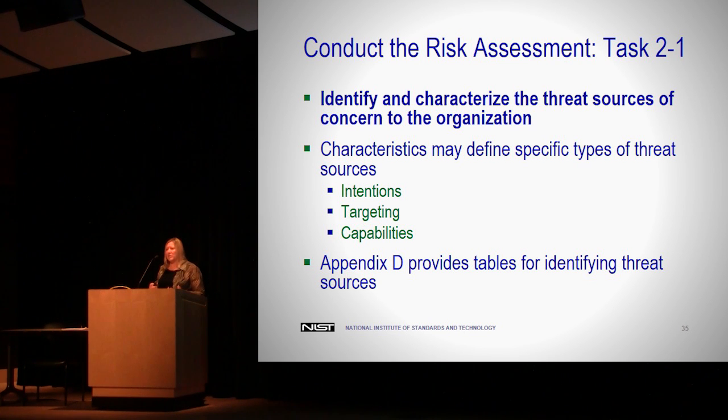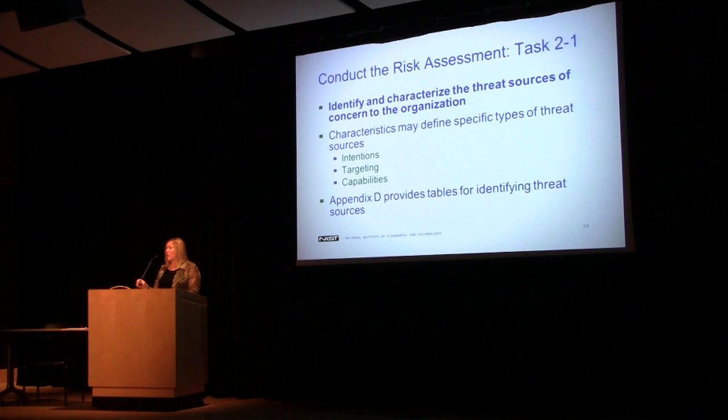Do they have the capabilities, either resource-wise or technical prowess to actually be a threat to you? And in Appendix D, we have tables for identifying threat sources that you can use and that we will use in the workshop. But in any case, in Task 1, you identify those threat sources and characterize them.